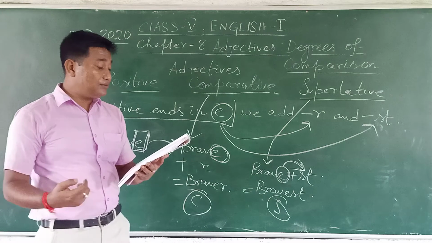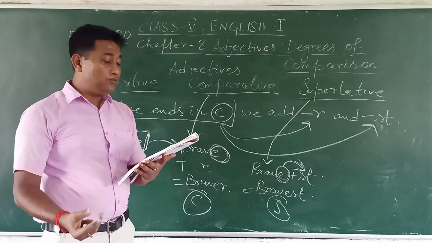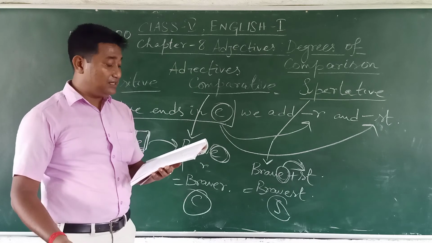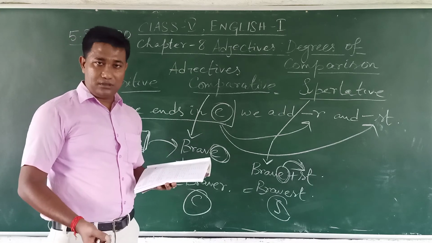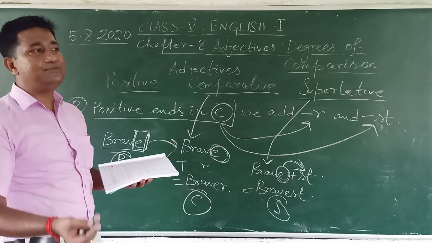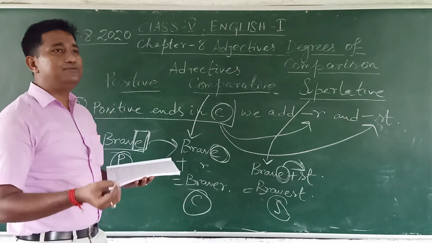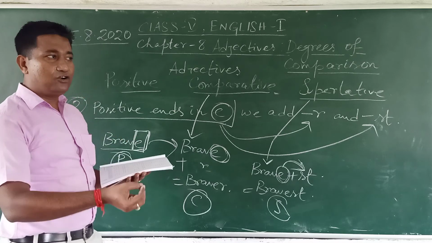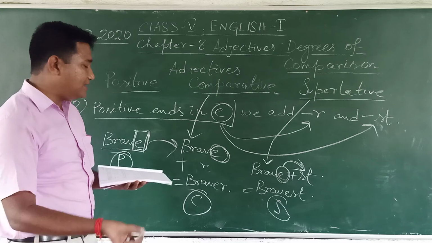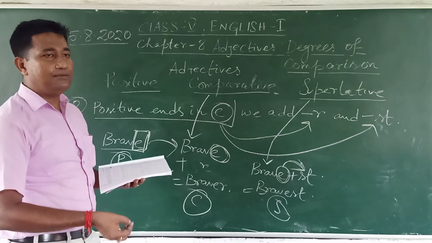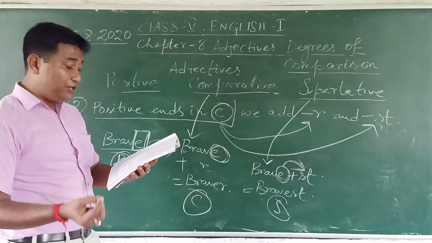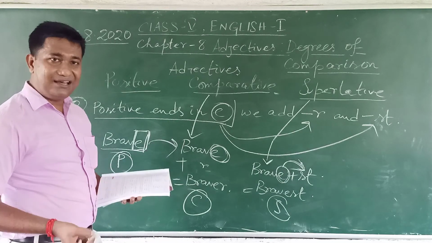So first we came to know that for a normal word, when we are using comparative sense we are using ER and in superlative form EST. So in the second rule, we came to know that for adjectives that are ending with E, in the comparative section we have to add R. Braver, noble, nobler, pure, purer, wise, wiser, many are there.